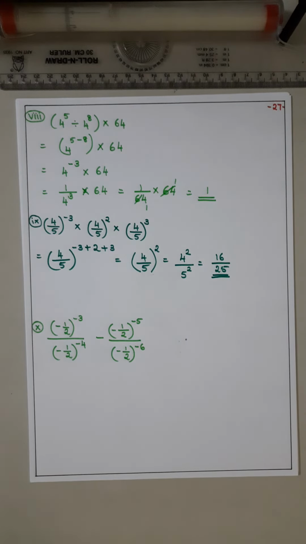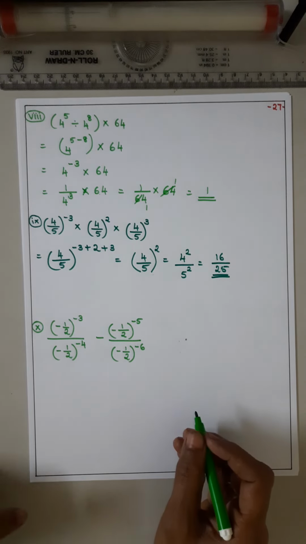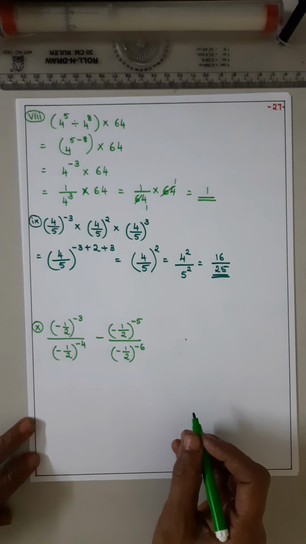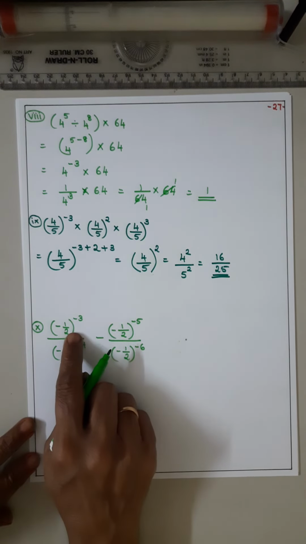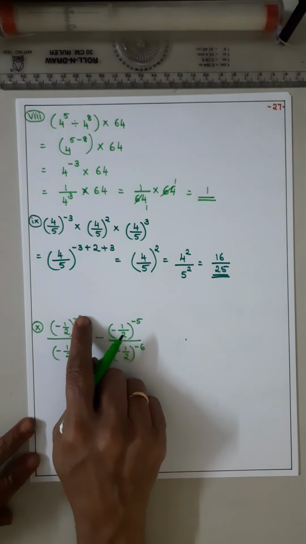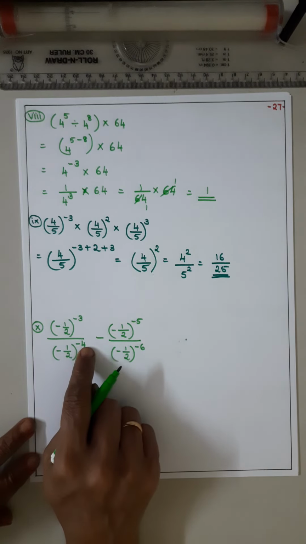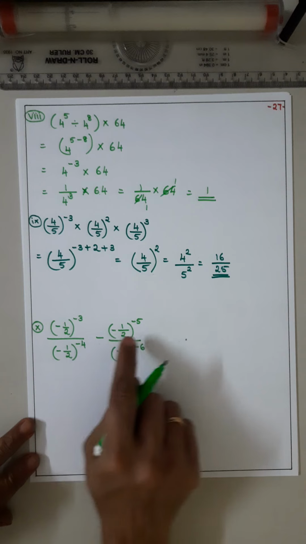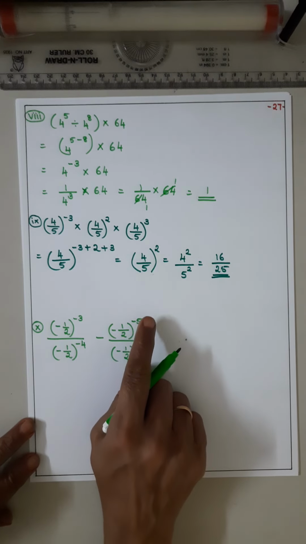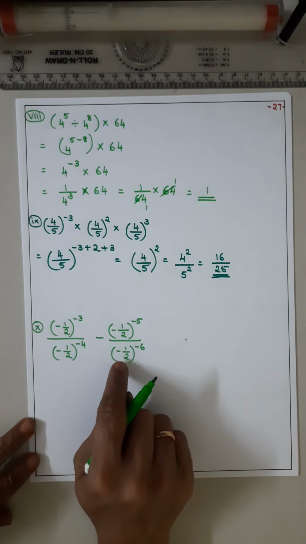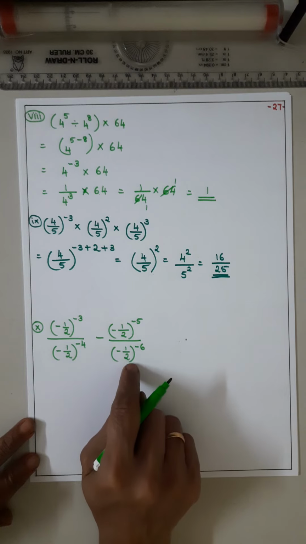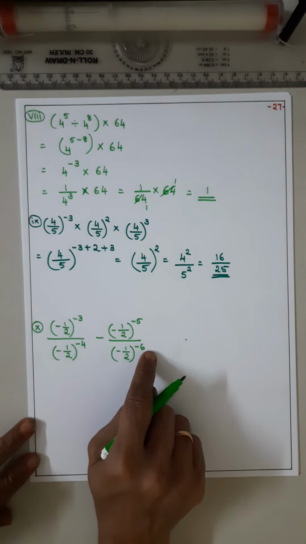Hope everyone is understanding. Okay, now coming to the 10th sum. This is little bit tricky. -1/2 the whole raised to 3 upon -1/2 the whole raised to -4 minus -1/2 the whole raised to -5 upon -1/2 the whole raised to -6.